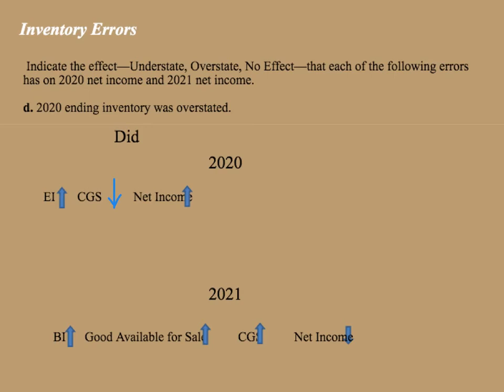Let's take a look at the next year. So next year, when we wake up on January 1st, ending inventory that we had last year became our beginning inventory. So if ending inventory was overstated last year, beginning inventory this year is overstated. As a result, your goods available for sale are also too high, too large.